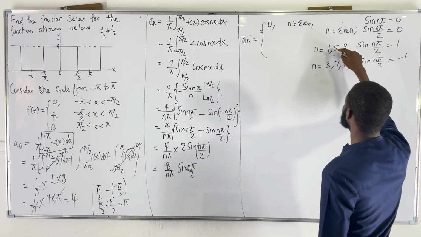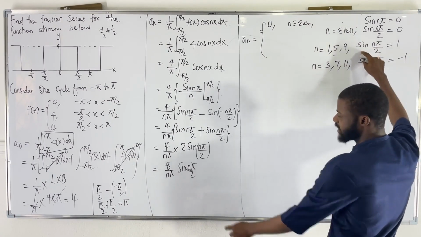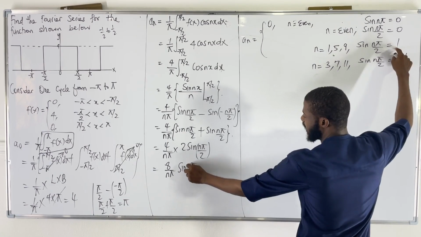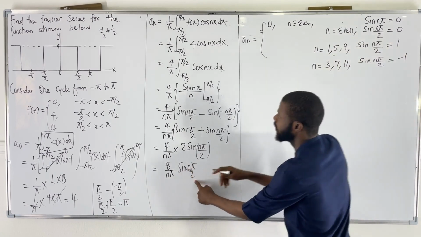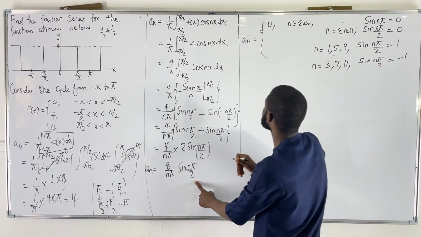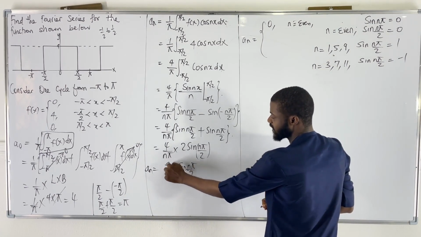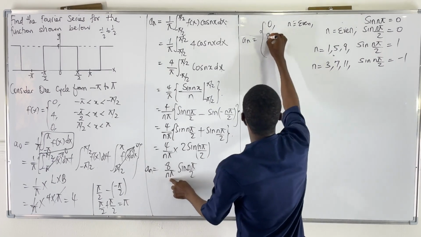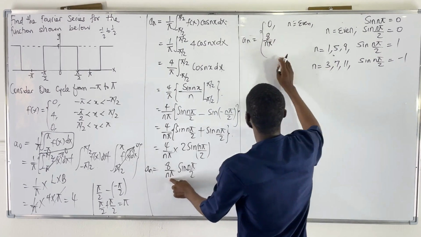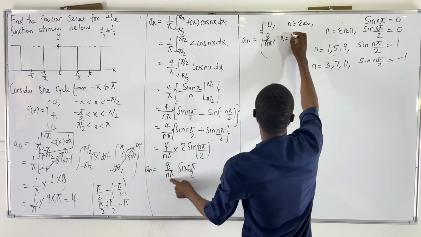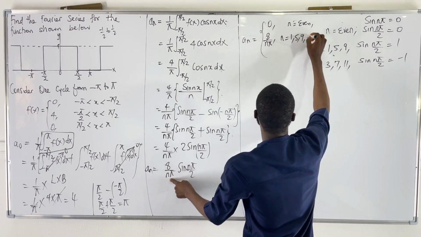Now, we have n equal to 1, 5, 9. And we know that this sine n pi over 2 will give us 1. So if this sine n pi over 2 gives us 1, 1 times 8 over n pi is 8 over n pi. So that means our a sub n is 8 over n pi if n is 1, 5, 9.